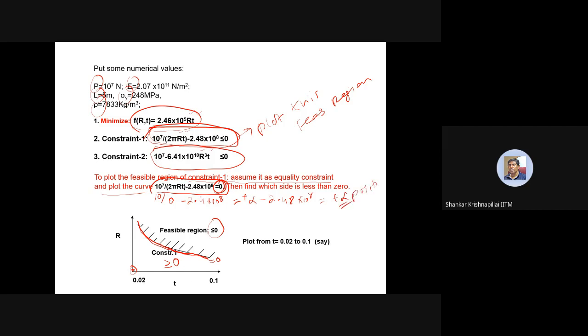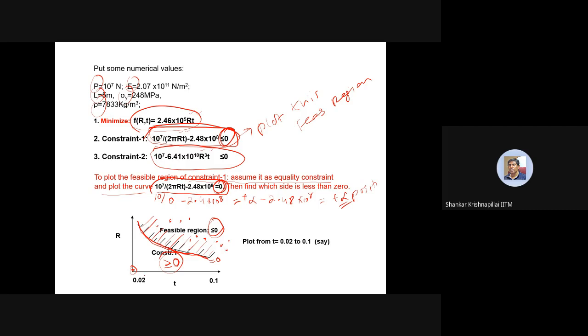So this is the positive side, or greater than or equal to 0 side, and we want the less than or equal to 0 side. So this is our region. All values of r and t in this region are satisfactory to us.